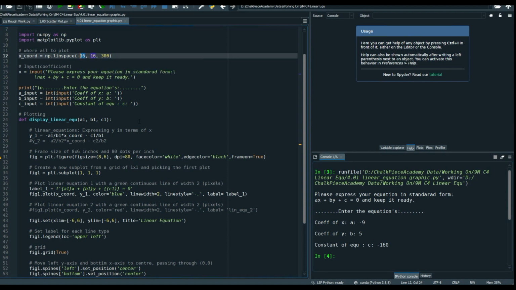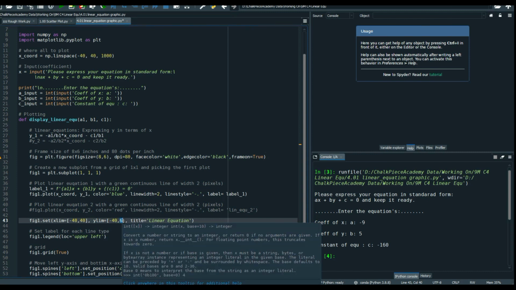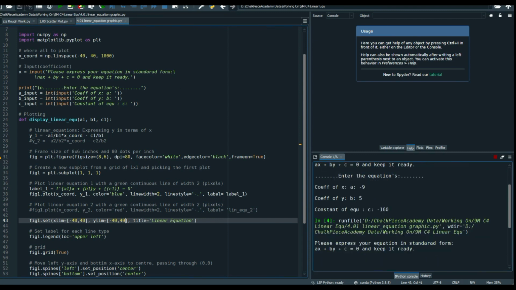So this has to be at least 40, and this, I'll make it as 40, minus 40, and okay, now you'll see a better graph. Okay, we need to type in again though.